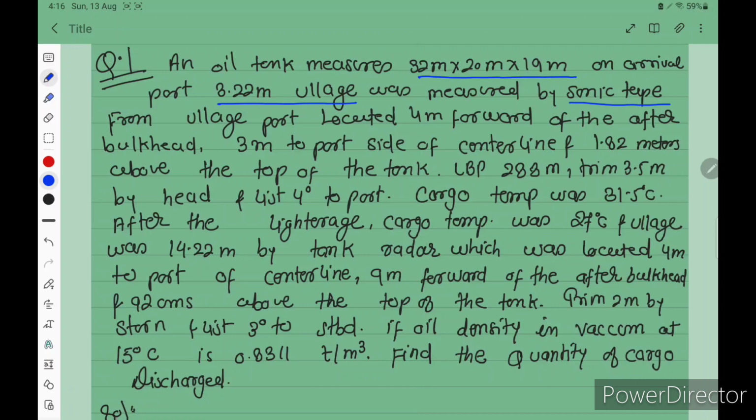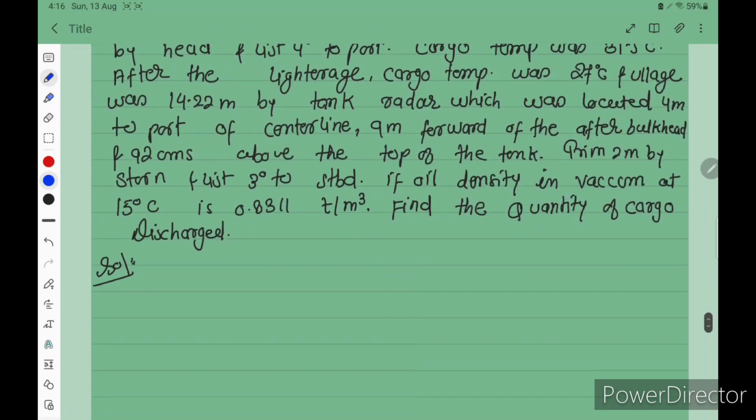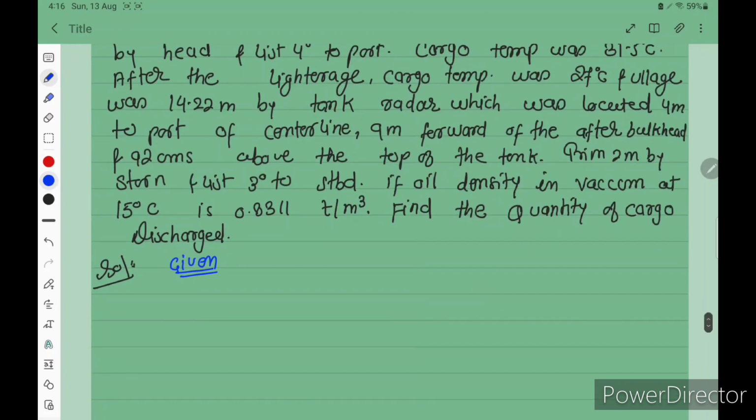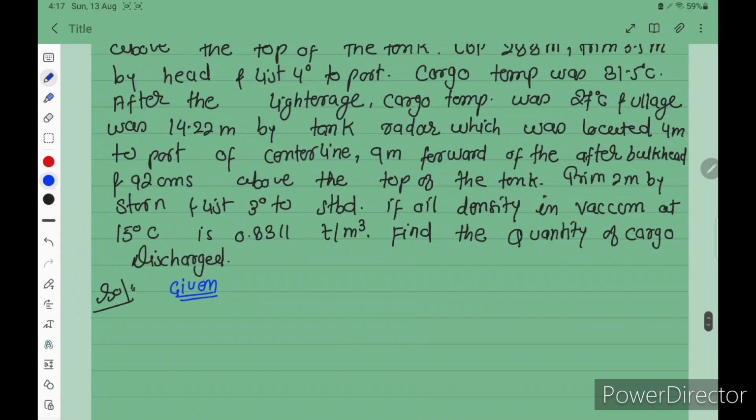In the exam, first you write what is given in the question, so that it gives a good impression to the examiner who is going to check your papers. Whatever is given in the question, just write it down. I give you one example for this numerical.